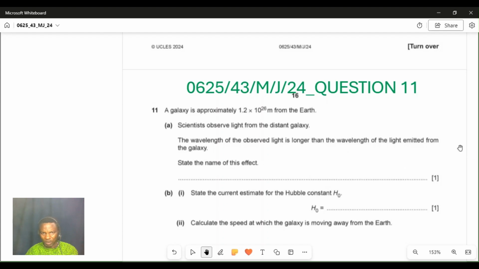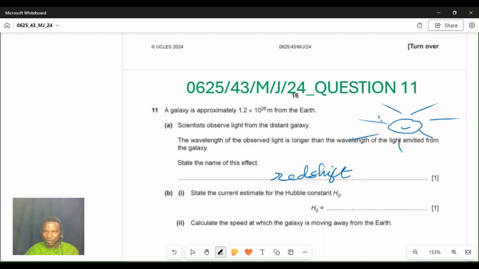This is what we call red shift. So this is called the red shift phenomenon. So the wavelength is red shifted. When the radiation is released by the galaxy in the distance, let's assume this is a galaxy, and here is Earth.